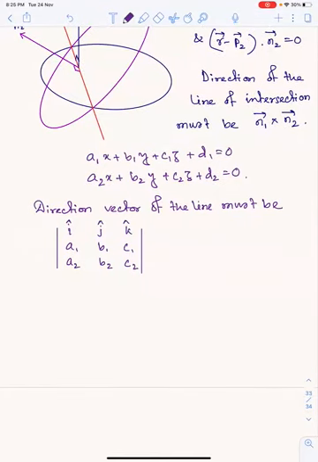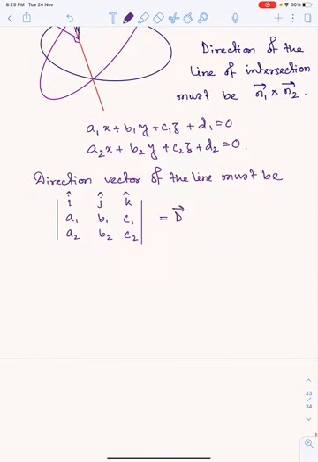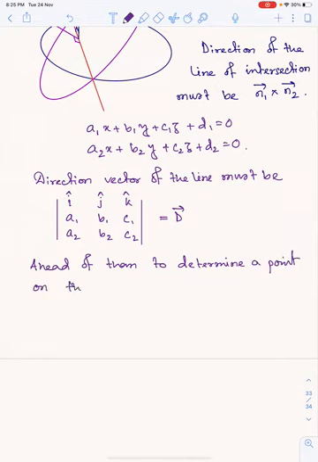So ahead of that, say we are marking this as vector D. To determine a point on the common line, which is the line of intersection, let us first mark these equations with two numbers, 1 and 2.